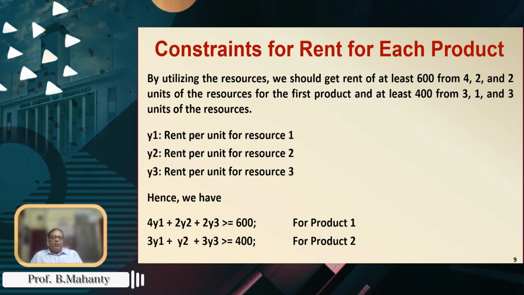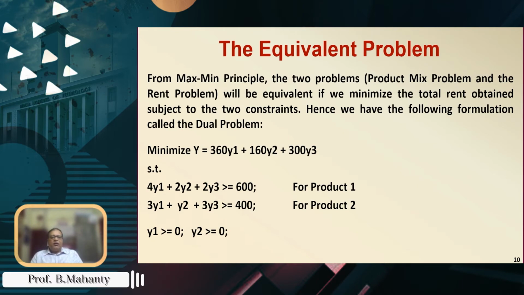So what is the minimum such rent that we should get? If you take that kind of a formulation, then easily we can say that this formulation is going to be an equivalent problem. So what is that formulation?